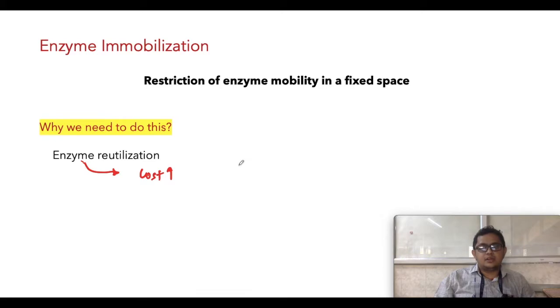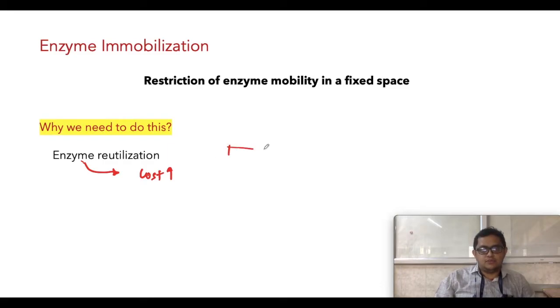Since removing that enzyme is a very tedious job, normally we don't bother about the enzyme. We just separate the product and we move on. But what happens if the enzyme which you are using is costly? If there is a way to reuse that enzyme, it is always beneficial.